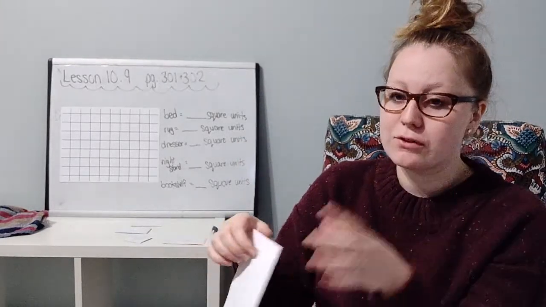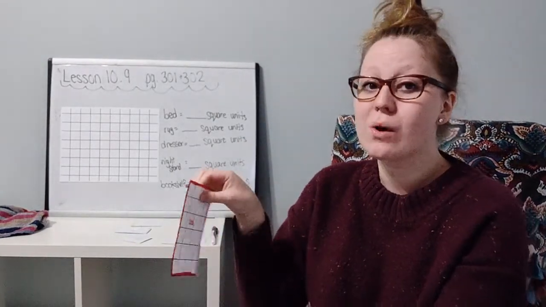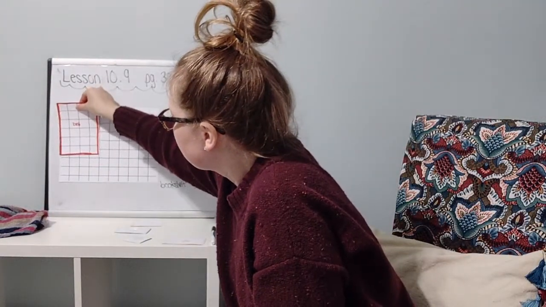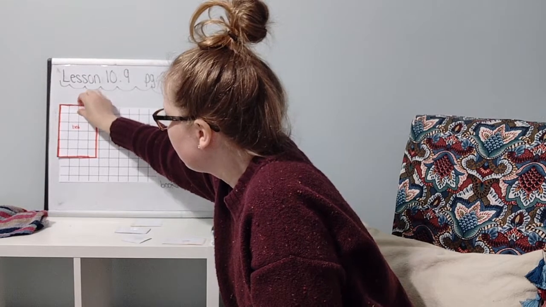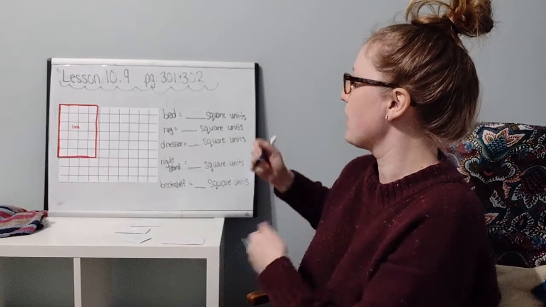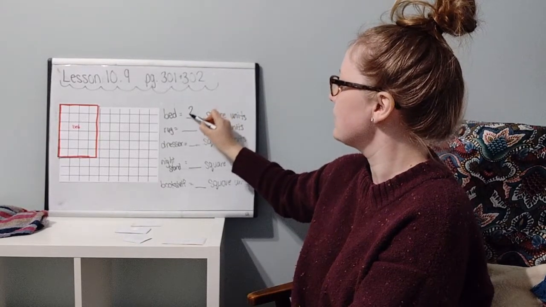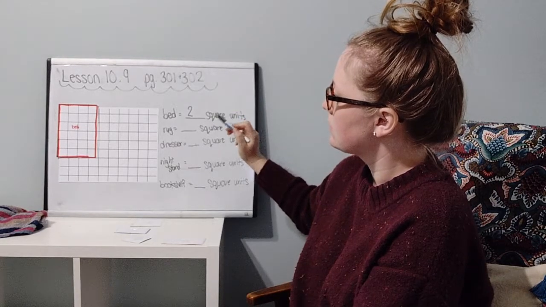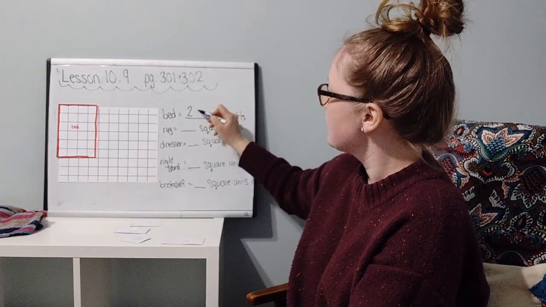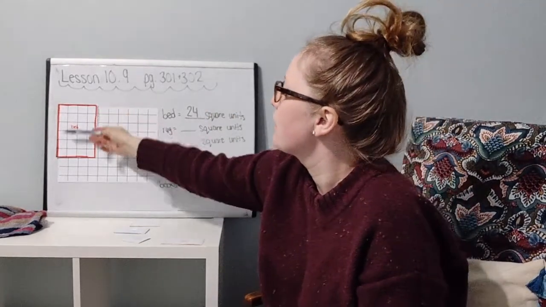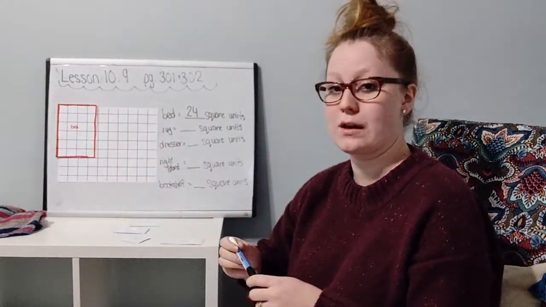So keep that in your head for a second while I place this bed. 24 square units. I'm going to place my bed right up top here. Okay, I've got my bed on there. And my bed was 24 square units. It takes up 24 squares.